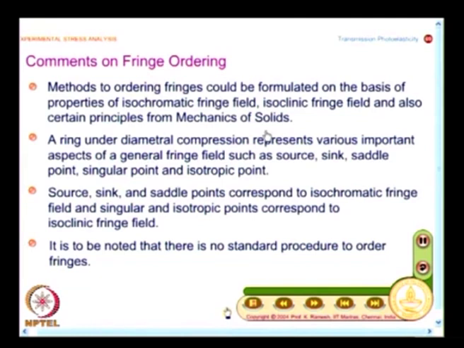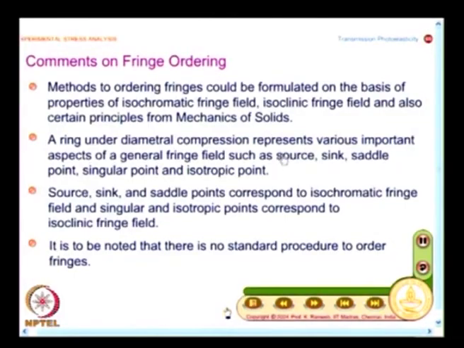With modern developments, you have the advantage of computer based methods, which provide you the fringe order at every point in the model domain. Though they are automated methods, my recommendation is, from a learning point of view, you should also know how to look at the fringe pattern and label the fringes. This knowledge would complement your further learning.